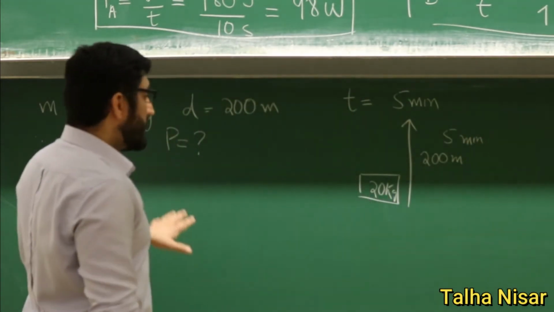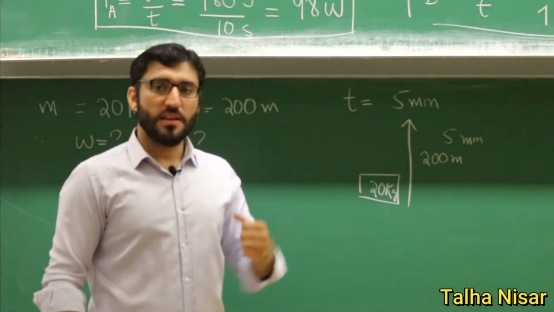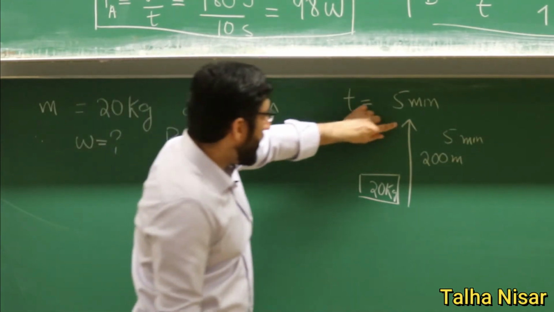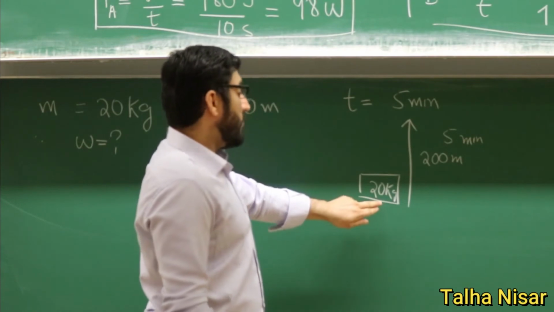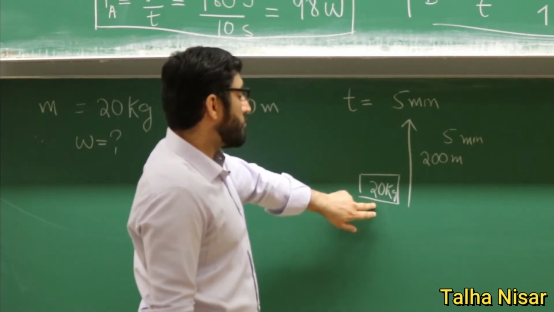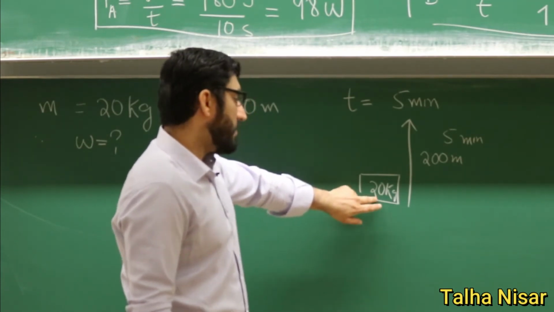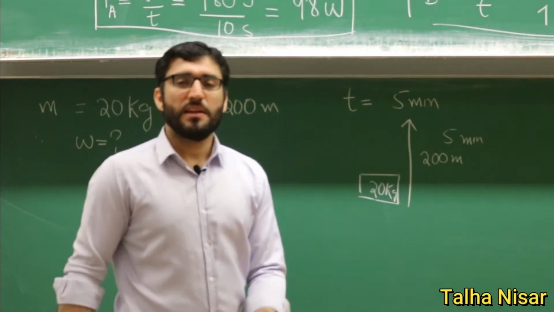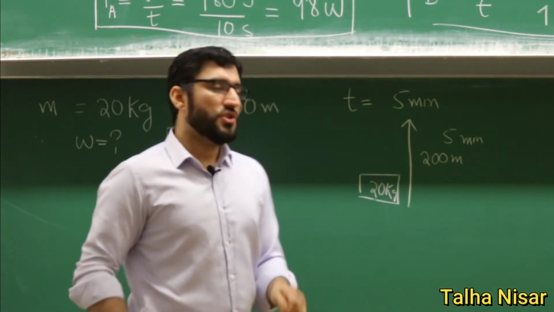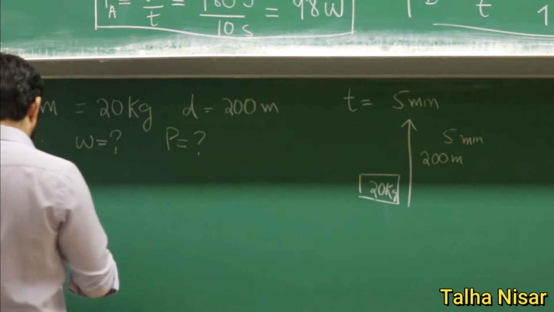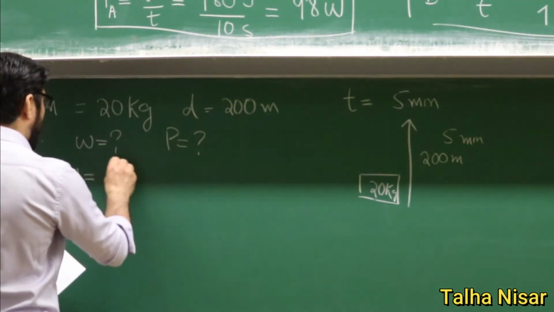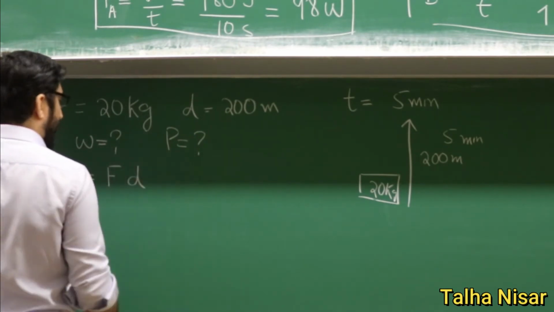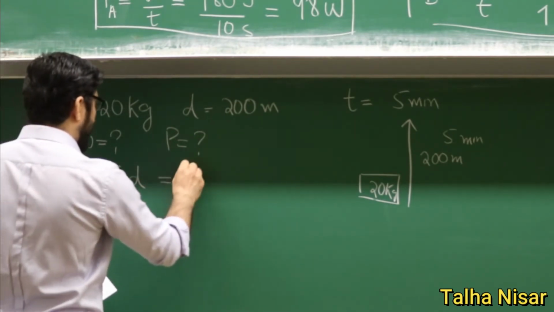For the work done, we need the force and the displacement. We have the displacement, which is 200 meters, and we also have the force, because we have the gravitational force. We just multiply the mass with the gravitational acceleration to get the force. So the work done is equal to the force multiplied by displacement.